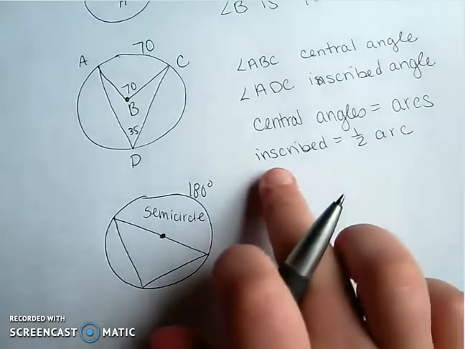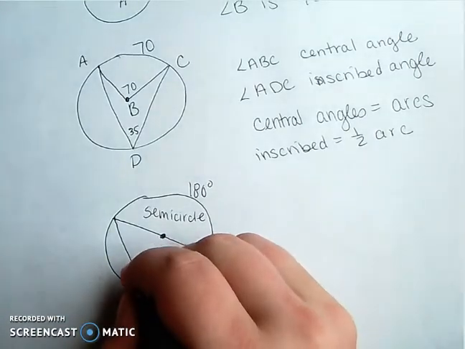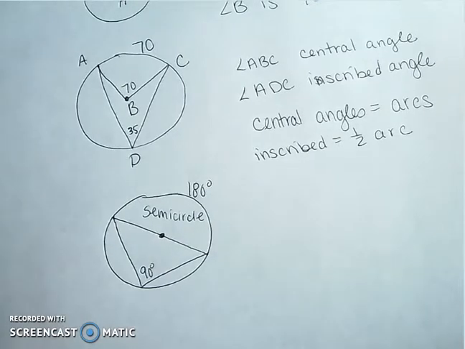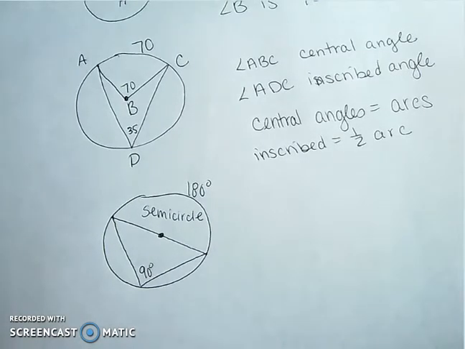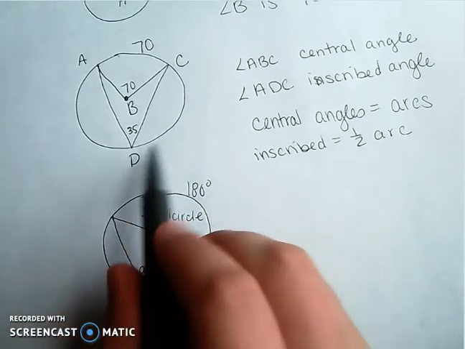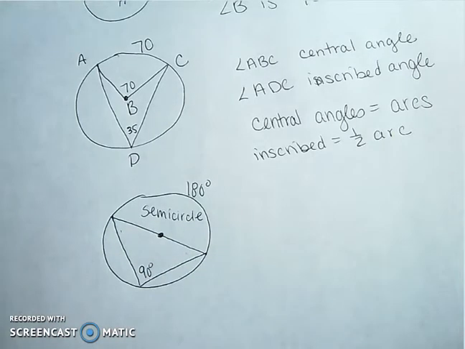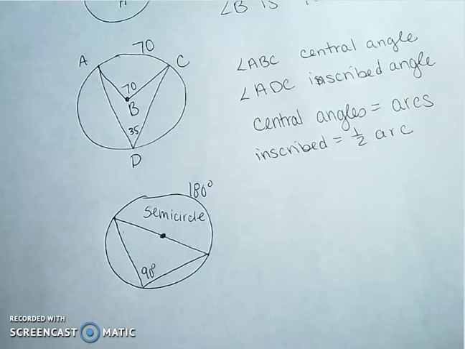So by our rule for inscribed angles, that means this angle has to be 90 degrees, making this triangle a right triangle. It is not necessarily a special right triangle, but it has a 90-degree angle. So these two angles would add up to be 90, and you could technically use the Pythagorean theorem to find any side length if you were asked to do so.